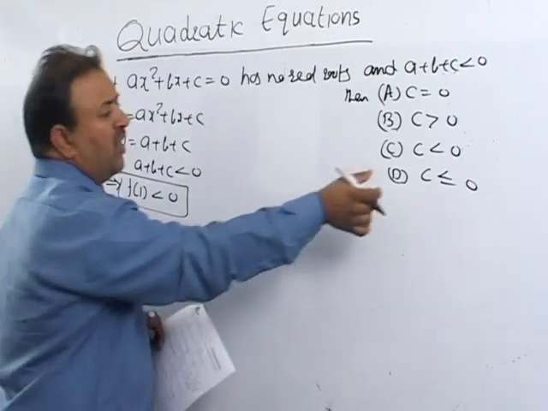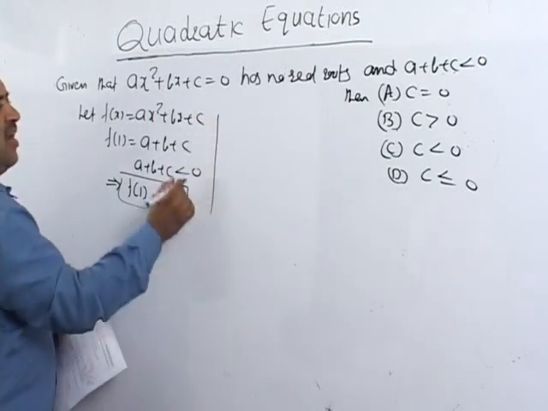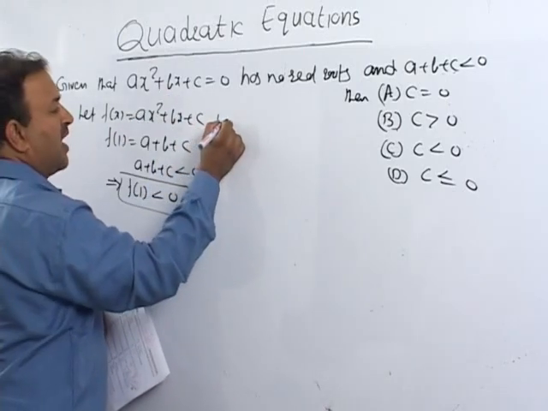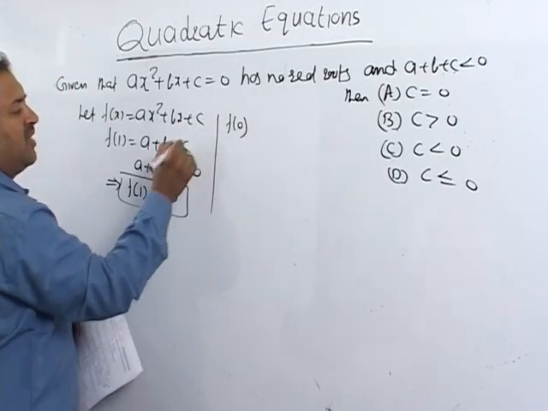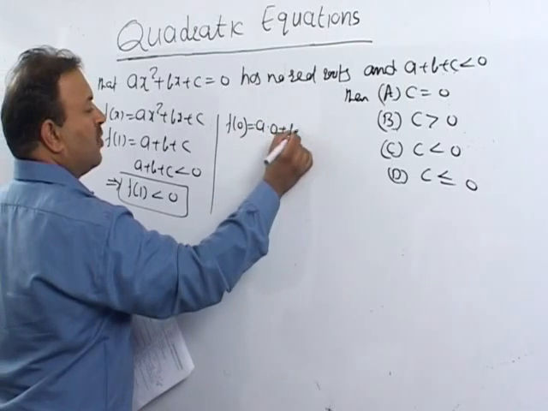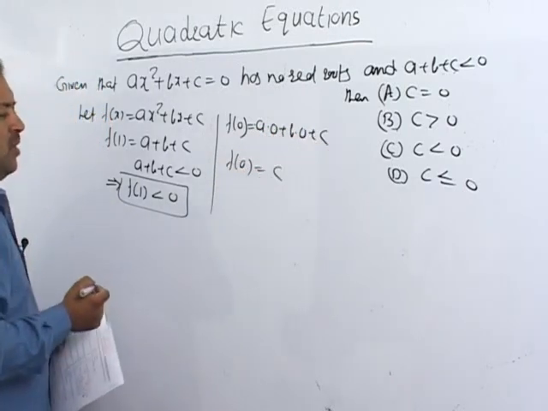We have to calculate the value of c. Another thing we look carefully in this function: if we put x is equal to 0, we take f0. F0 will be a into 0 plus b into 0 plus c, so f0 will come out to be c.